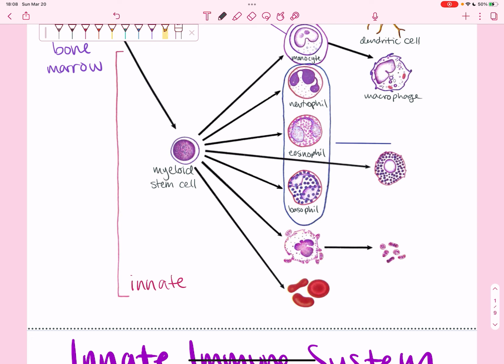And then here we have a mast cell, which is related to basophils. But anyways, these guys are called granulocytes because they have a bunch of these little granules sitting in them. So the main important ones are these three, but there's also this mast cell that does have granules in it that come into play, so just keep that in mind, but I will write out granulocytes.